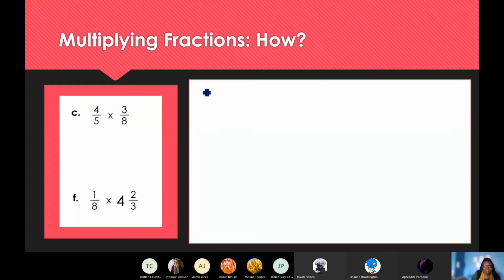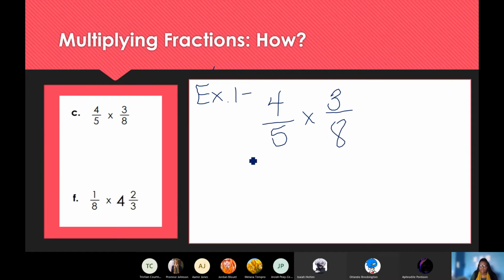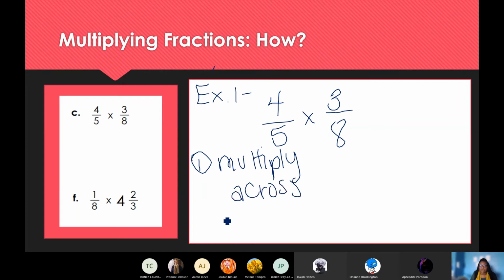We have it over here as C. We want to just multiply straight across. The hardest thing you want to remember here, step 1, I'm going to write these steps down. You want to multiply across. Step 2 is going to be to simplify.